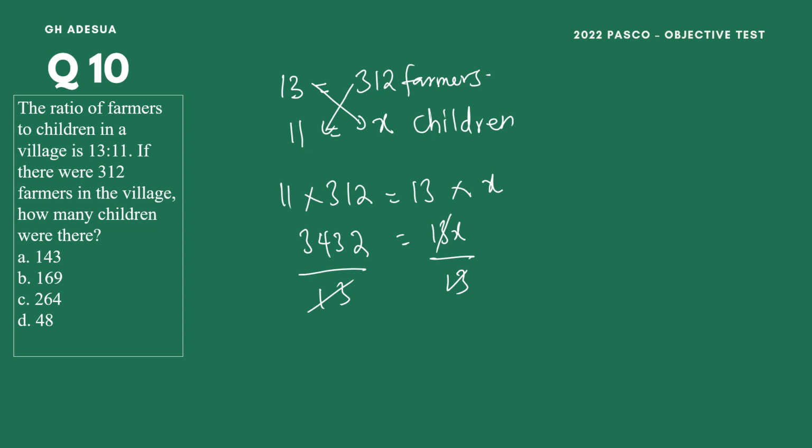So now 13 will go into 3,432, 264 times. So therefore we have x to be 264, which is our option C.